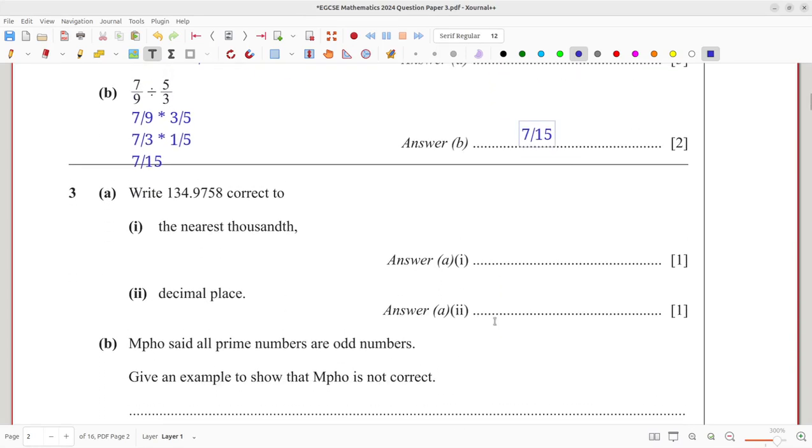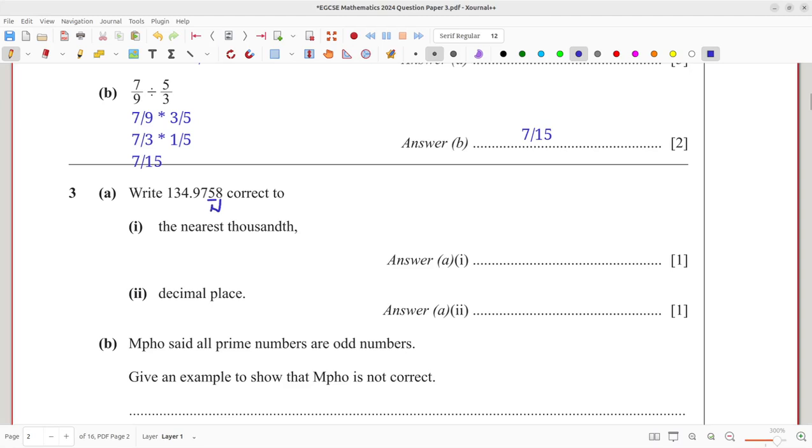Next question. Write correct to the nearest 1000. Nearest 1000, we all know. Let's check. That's ones, 10th, 100. Then this is 10th, 100,000. It's actually this number here. So what's the principle?